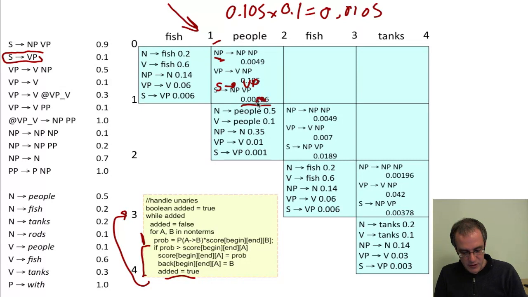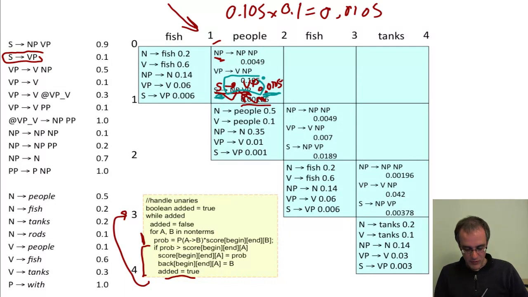So we're going to record a better way of making S in our back pointers, and we're going to record the probability of that new best way of making it. We always just keep what constituents we can make, the best probability way of making them, and if we're storing back pointers, the way that was the best way of making it.